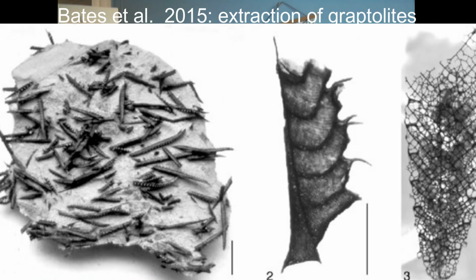You can get synrhabdosome-like things forming in graptolites that have been dissolved out of limestone and are just sitting in a jar of ethanol or acid or whatever you use. The graptolites have obviously been dead for millions of years, so it's obviously not any sort of biological activity. You've got lots of threads and they're getting tangled.